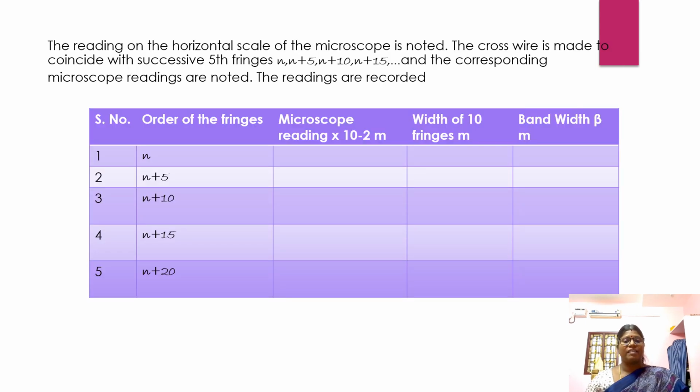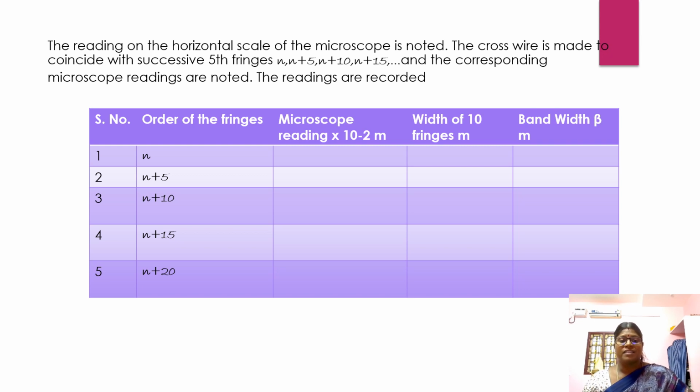The reading is taken for the nth band, n plus fifth band, then n plus 10th band. Every time the crosswire is moved by 5 bands, and the reading on the horizontal scale of the microscope is noted. The difference between the n plus 10th band and the nth band gives the fringe width of 10 beta.